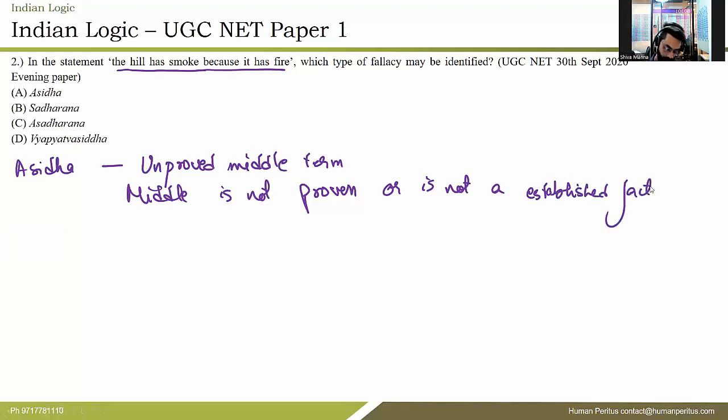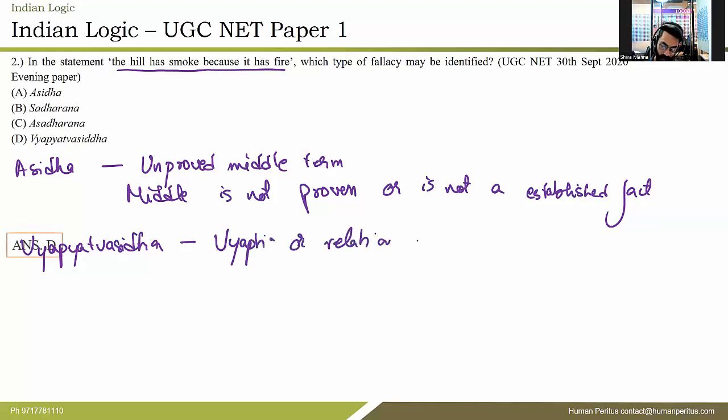Okay. The next Hetvabhasa they have given is Vyapyatvasiddha. What does this term actually mean? It means that the Vyapti, or relation, is conditional.